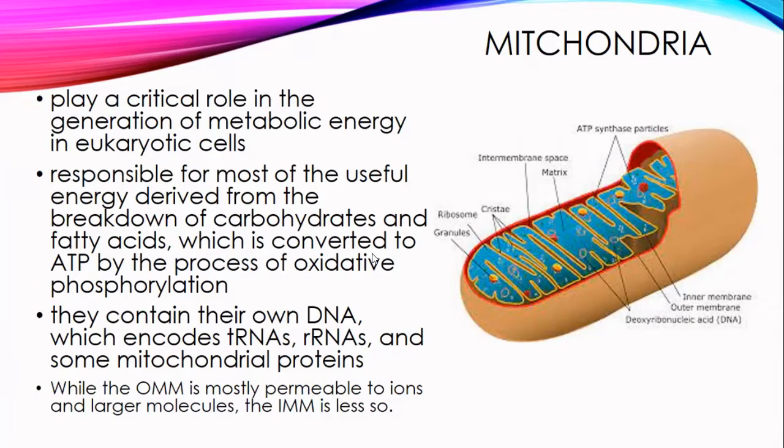They also contain their own DNA, which encodes tRNA, rRNA, and some mitochondrial proteins. While the OMM is mostly permeable to ions and large molecules, the inner mitochondrial membrane is less permeable compared to the OMM.